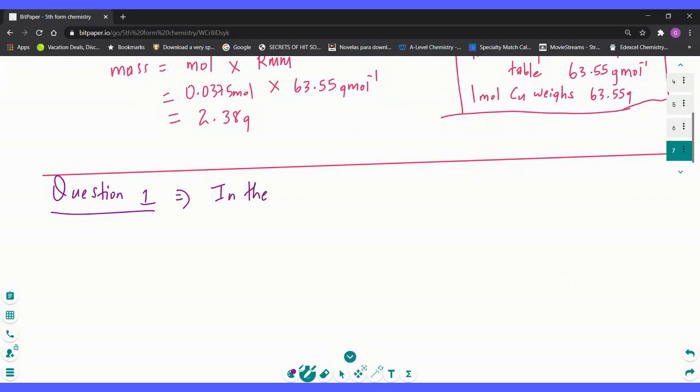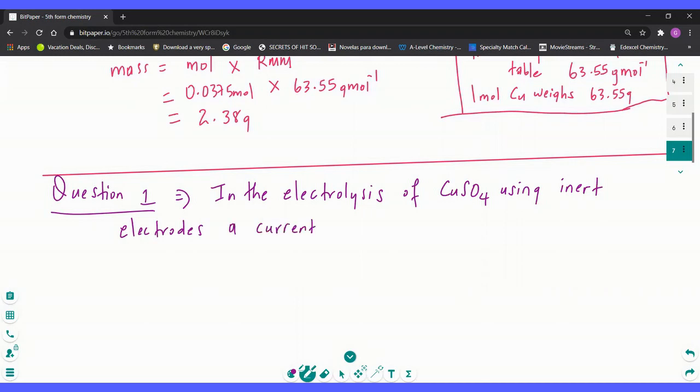So in the electrolysis of copper sulfate using inert electrodes, a current of 15 amps was supplied for 40 minutes.